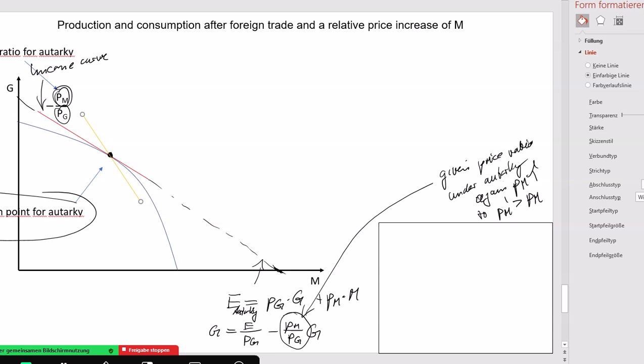Or since we already know that the situation will change, why will it change and how can we graphically represent the change? Why can this income line now not anymore represent the optimal, the efficient production in our country?